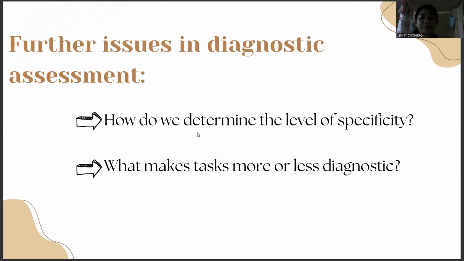This includes how to determine the level of specificity. An important step in designing diagnostic assessment is defining and specifying the primary diagnostic criterion specific to a learning context. Diagnostic assessments tend to assess a target range of skills at a time instead of covering a wide range of skills.